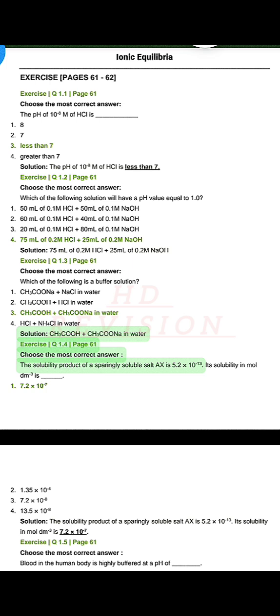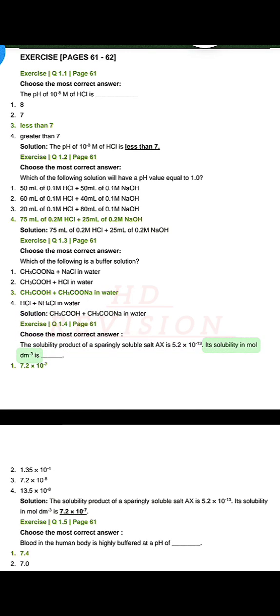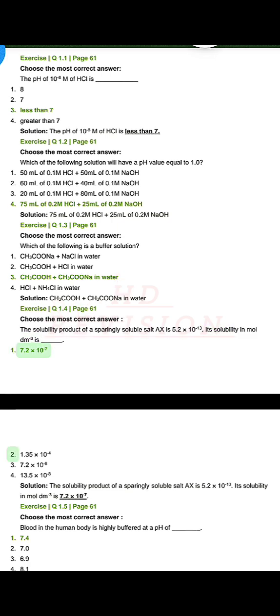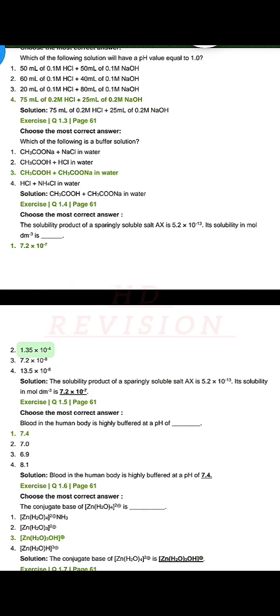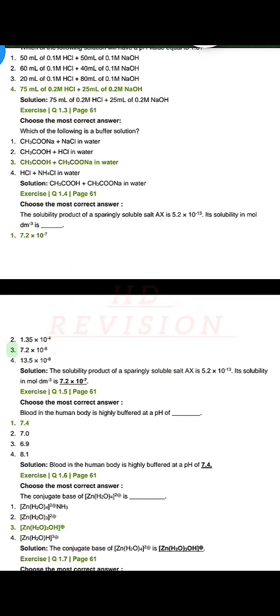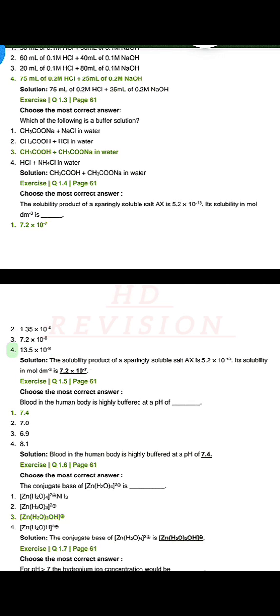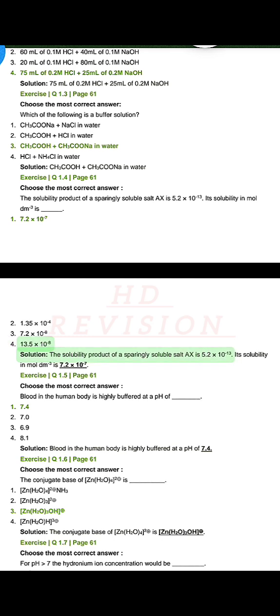Exercise Q1.4 page 61. Choose the most correct answer. The solubility product of a sparingly soluble salt AX is 5.2 times 10 to the power minus 13. Its solubility in mol dm^-3 is: 1. 7.2 times 10 to the power minus 7. 2. 1.35 times 10 to the power minus 4. 3. 7.2 times 10 to the power minus 8. 4. 13.5 times 10 to the power minus 8.